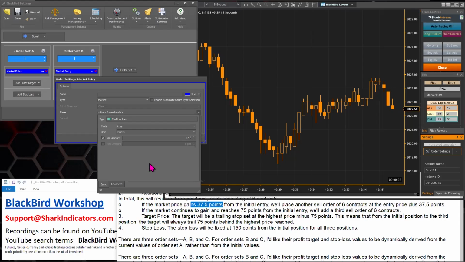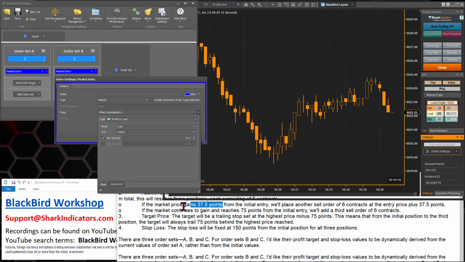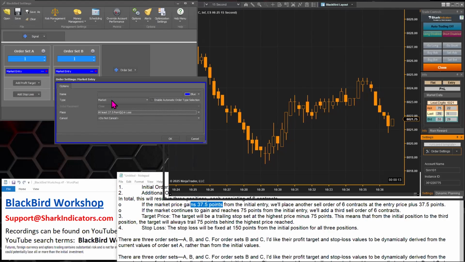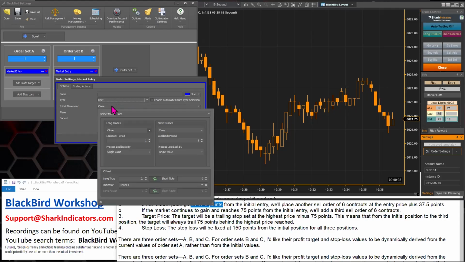But if you don't want to have existing limit orders resting at the exchange for some reason, if you don't want those entry orders out there, then this would be the option, to convert that to a market order. Well, actually, we could set this as a limit order.